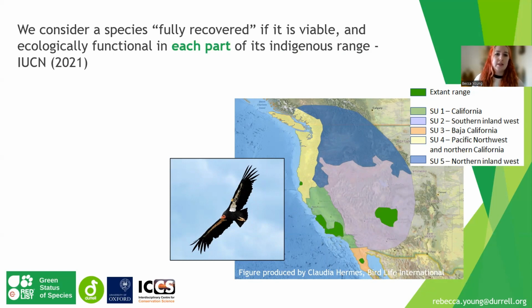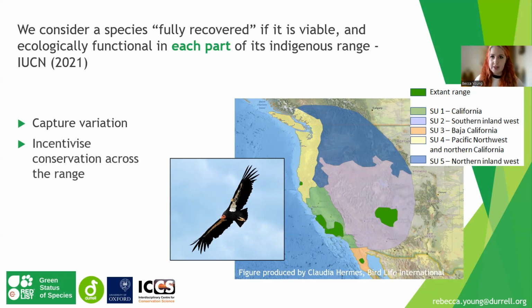So you can see that this indigenous range of the species has been divided up into different areas, which we call spatial units. And the idea of this is we want to capture variation across the species range, and we also want to incentivize conservation across the species range. So whereas in, for example, a Red List assessment, we would look at the population across this whole area as one, in the Green Status, we assess each spatial unit individually.